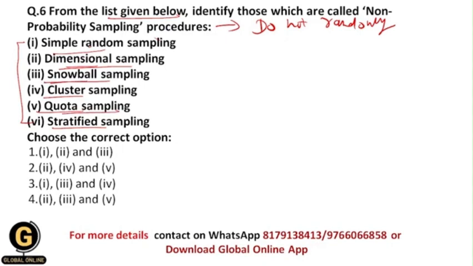Dimensional sampling is the extension of quota sampling, and here participants get selected because they have particular characteristics, and the researcher thinks about many characteristics such as gender, age, etc. Each participant should have those defined characteristics, and that is called dimensional sampling, because the characteristics are many but the participant is one. That's why it is the extension of quota sampling.